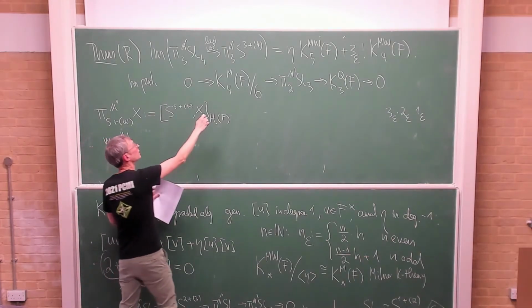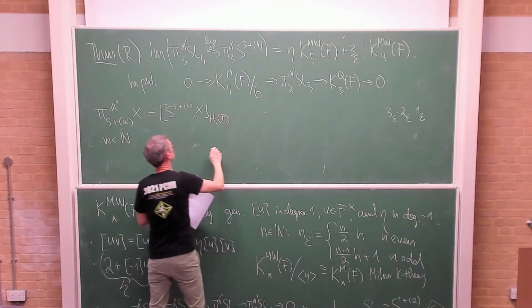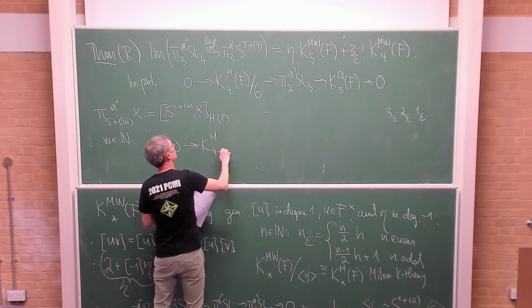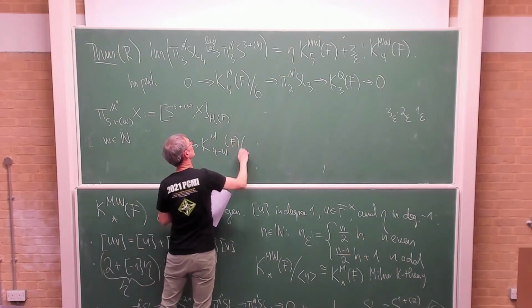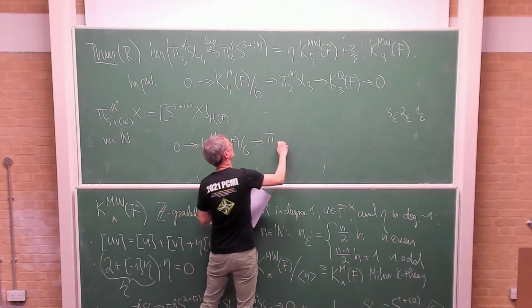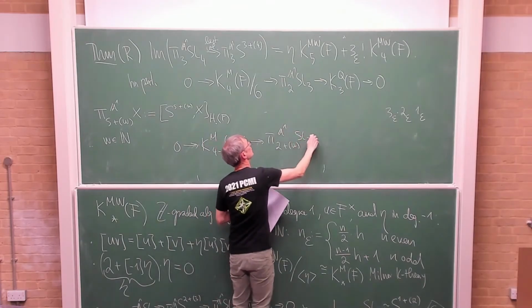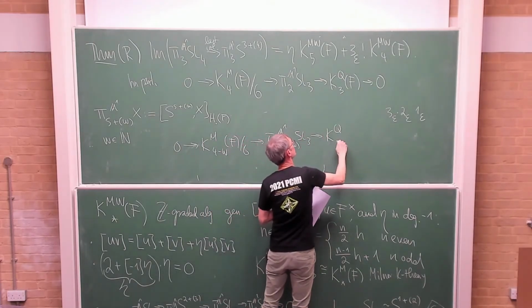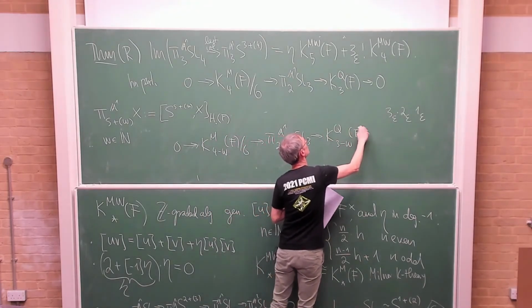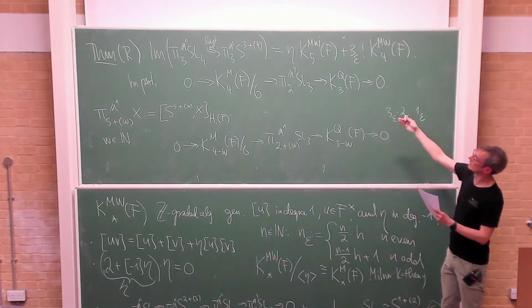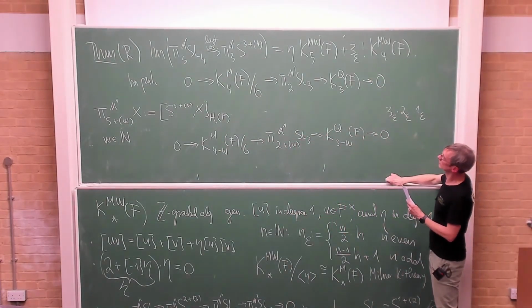We get then an exact sequence which looks like 4 minus W. And here we have pi 2 plus brackets W. And here we have K3 minus W. Again, a theorem that exactness is preserved.